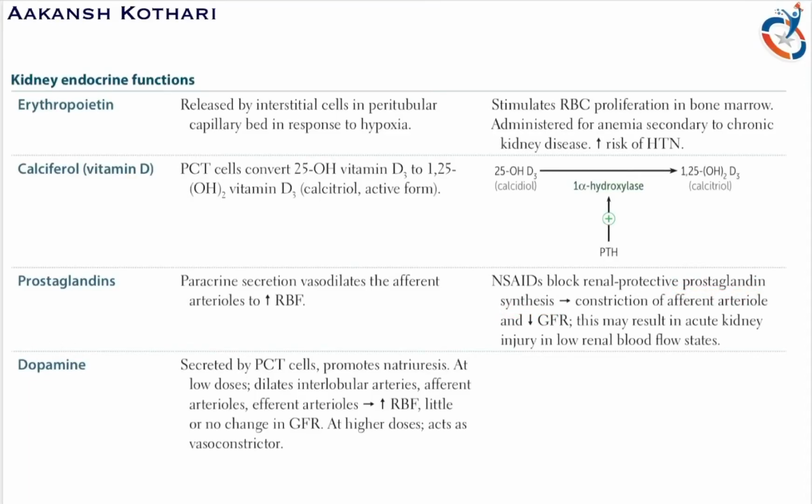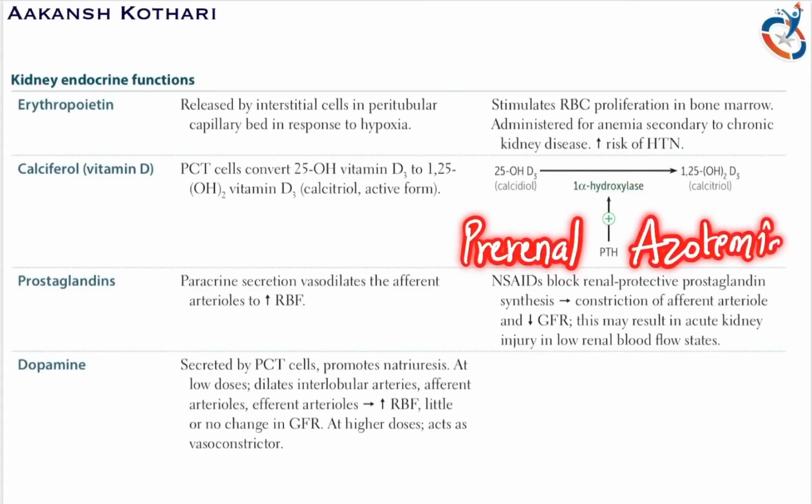Is it clear? Now, because of decrease in the renal blood flow via vasoconstriction, it can lead to acute kidney injury. Since there is a low renal blood flow state, it can lead to acute kidney injury, primarily pre-renal azotemia. Is it clear?